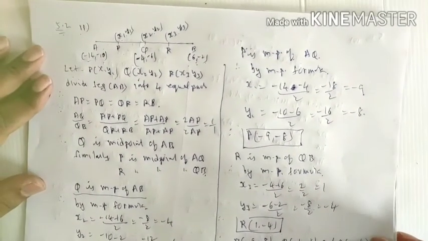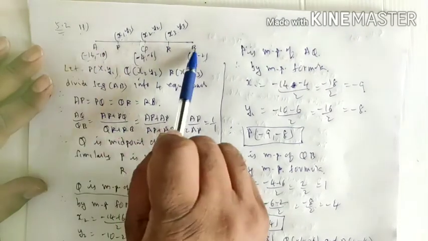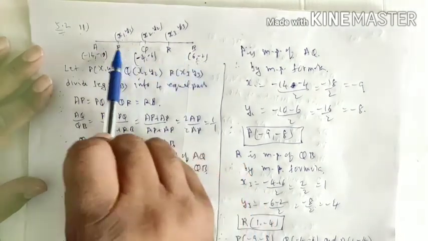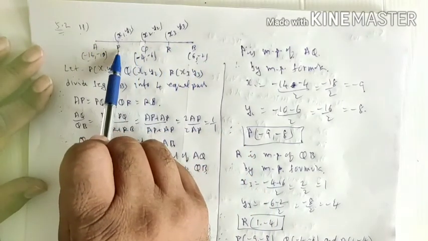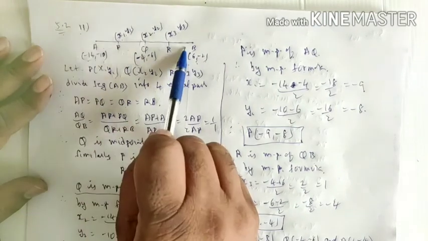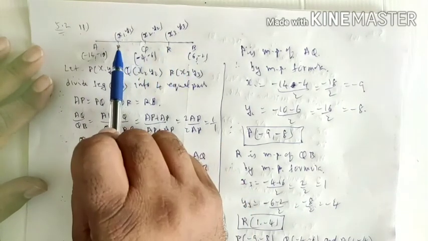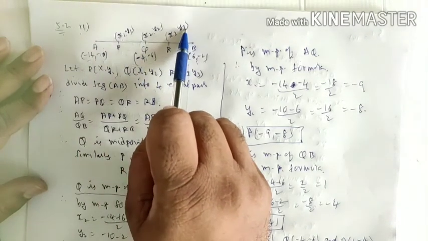See, again I am explaining this sum, important sum hai. See, coordinates of A is given, B is given. We want to find the coordinates of the points which divide this AB into 4 equal parts. So let P, Q, R be the 3 points which divide AB into 4 equal parts. Let the coordinate of P be x1, y1, Q be x2, y2, and R be x3, y3.